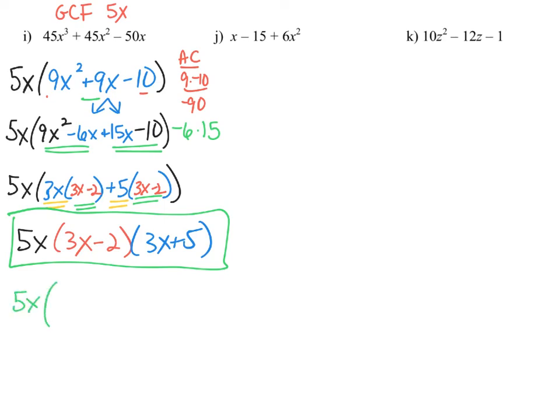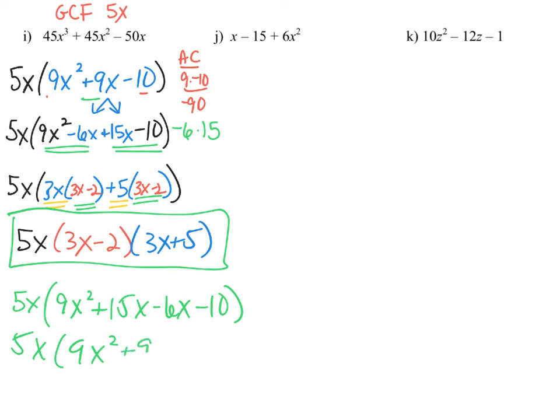First, outer, inner, last, you get 9x squared plus 15x minus 6x minus 10, and then 5x times, combining the middle term, the trinomial in the parentheses becomes 9x squared plus 9x minus 10, and then by distributing that 5x, we get 45x to the third plus 45x to the second minus 50x.